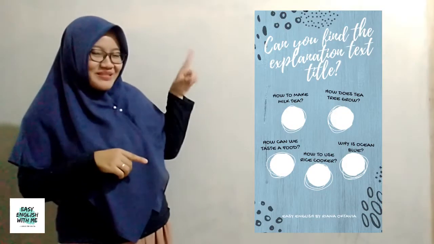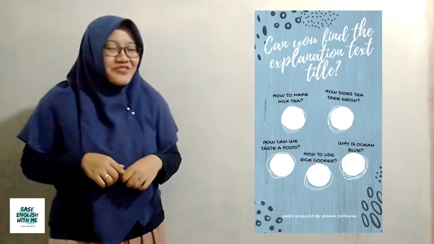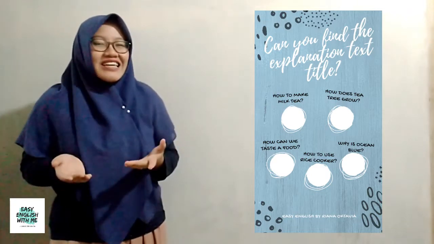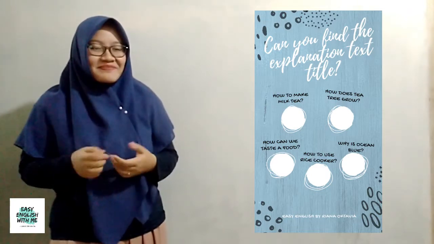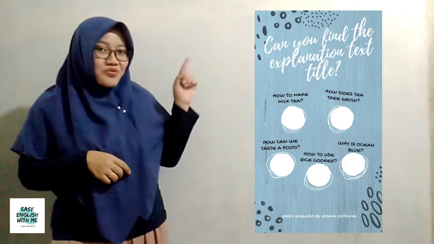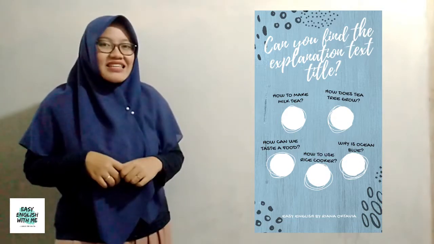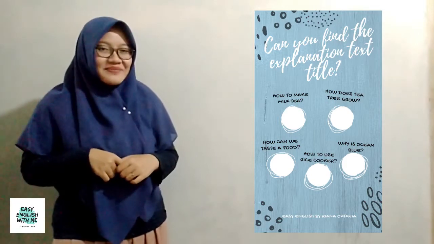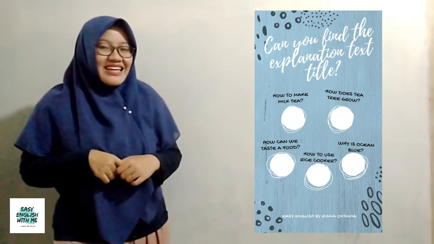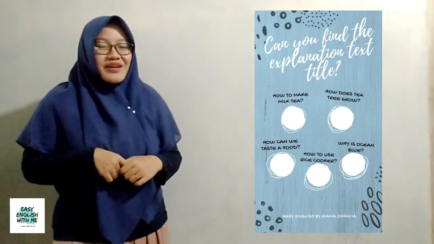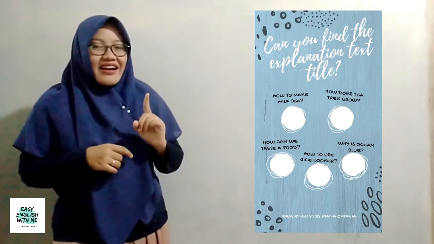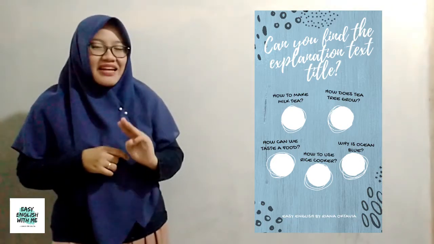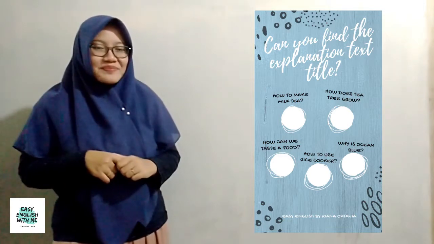Now, let's play a games. This is the games. Can you find the explanation text title? Which one is included as explanation text title? Can you guess it? Yes, that's true. There are 3 explanation text titles.